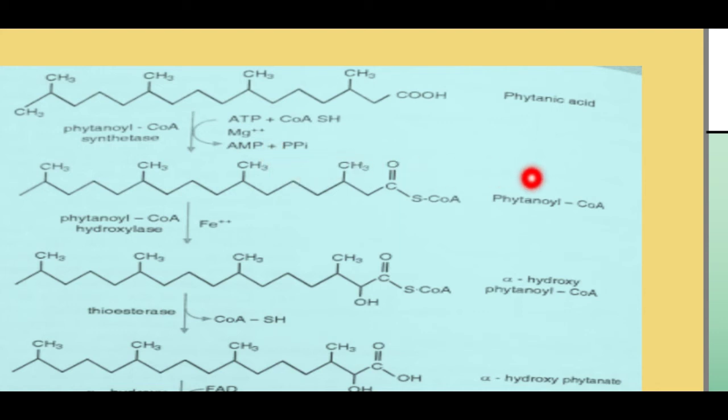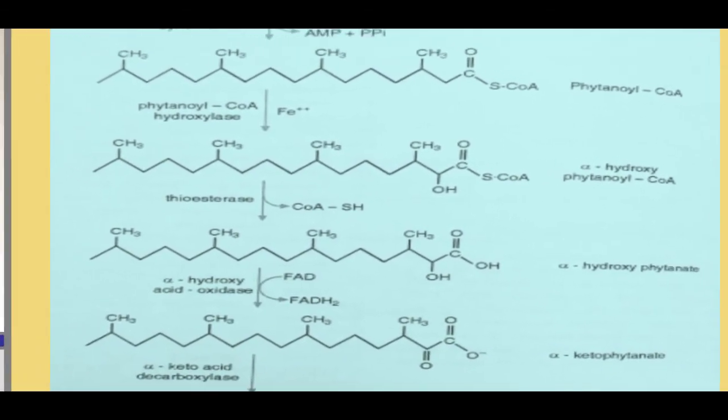In the second step, the hydroxylation of phytanoyl CoA at the alpha carbon occurs, and this reaction is catalyzed by phytanoyl CoA hydroxylase. The hydroxylation reaction occurs as a result of this enzyme. As a result, a hydroxyl group is attached, and the product formed is alpha hydroxyphytanoyl CoA.